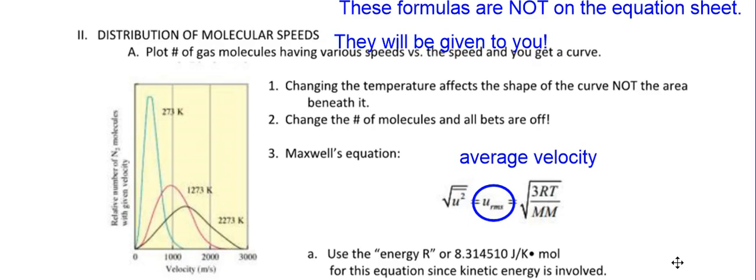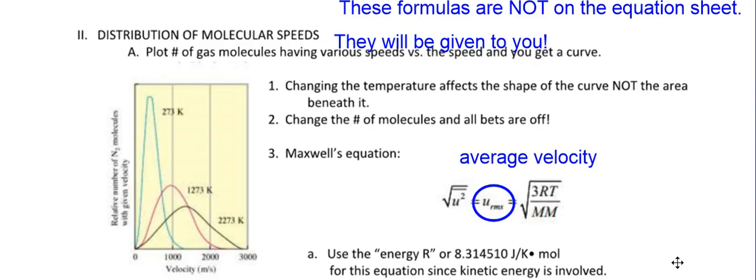Notice the unit is joules per kelvin mole, and because this is tied in with kinetic energy, we use the one with joules, which is a unit of energy. By the way, in chapter 6 we're going to delve into what a joule is a whole lot more.